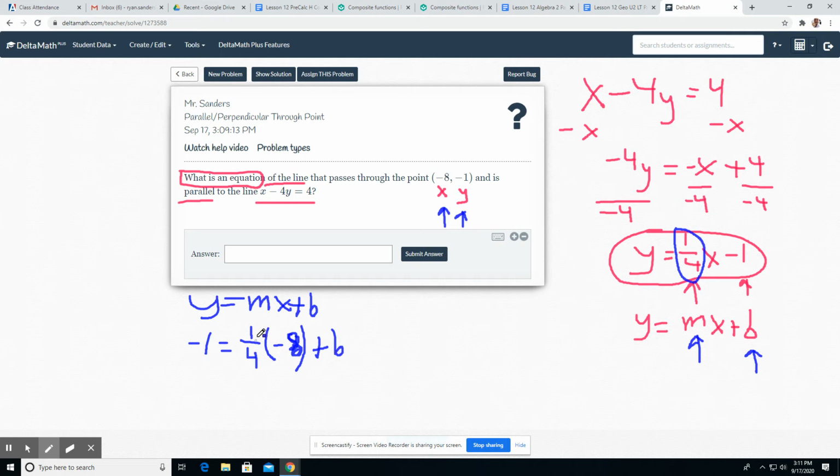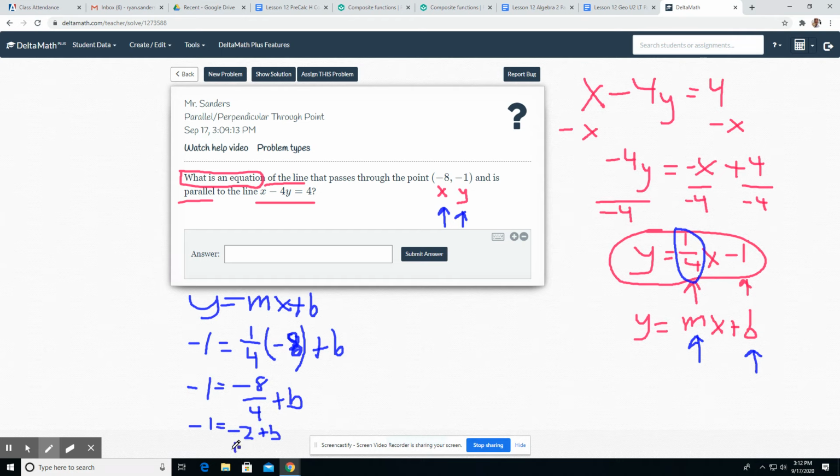So this turns into -1 equals 1/4 times -8. A number times a fraction goes to the top, so it's -8/4 plus b. And that's -1 equals -2, since -8 divided by 4 is -2, plus b.